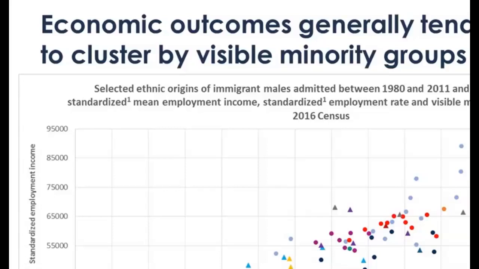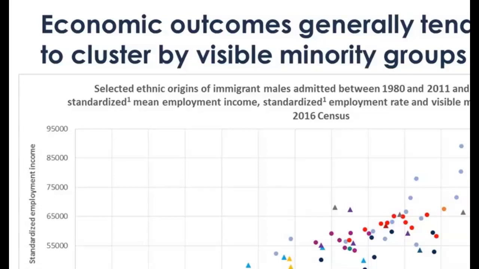Now, just take a step back a little bit and look at this graph. I know there is lots and lots of information, but just generally speaking, if you look at the broad picture, you can see at the top right of your graph there are light blue dots. And those light blue dots correspond to the white population.